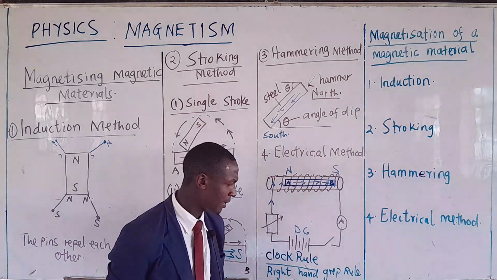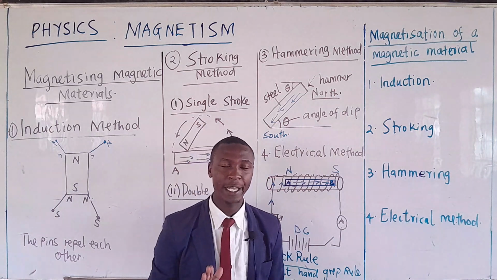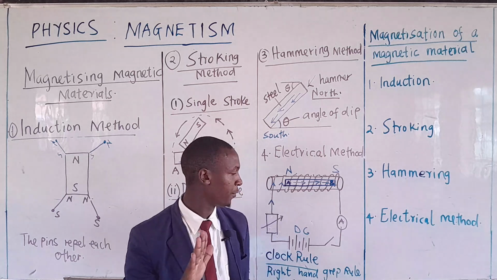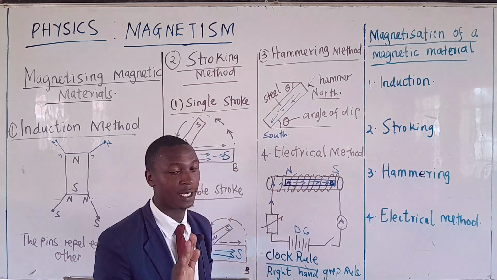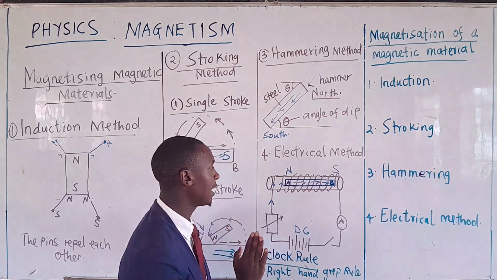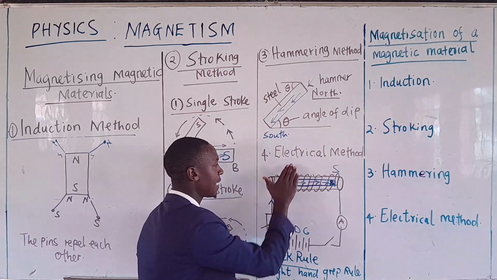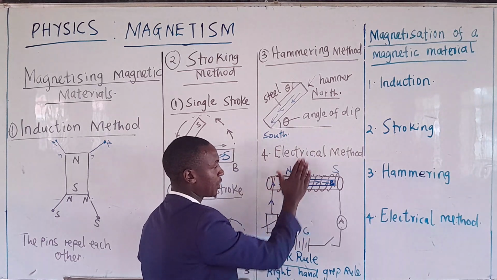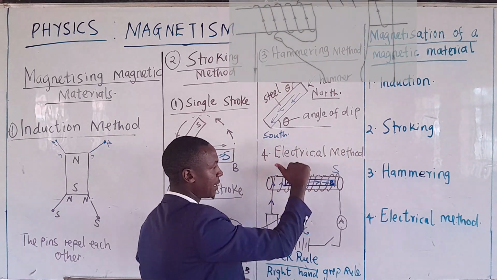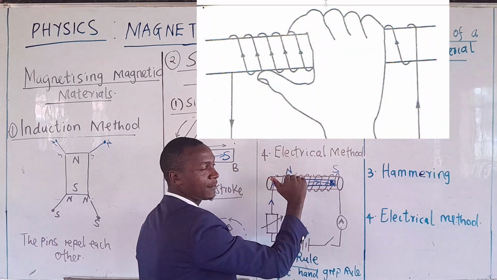Now, the hand grip rule states that if you grip this solenoid in such a way that all your fingers are facing towards the direction of current, the direction of current is this one, so the thumb is going to point in a given direction.